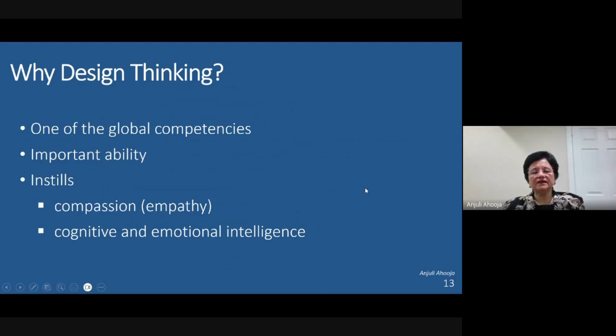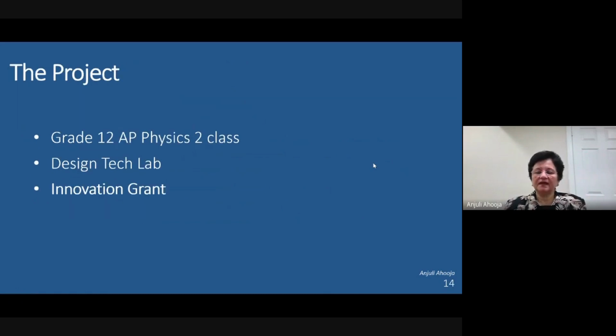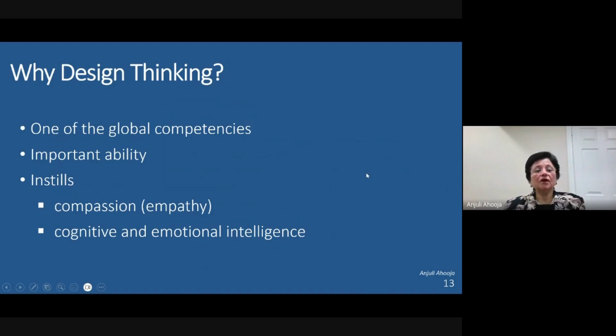But why do we need to instill this in our students? Design thinking is a very important skill in today's world. It is one of the global competencies. It is an important ability that our students should get, and it is our responsibility to help them understand this process and create something that they can be proud of. It also instills compassion, because when they are discussing this in their first class, they are actually bringing out their compassion and thinking about what they want to change in this world to make it a better place.